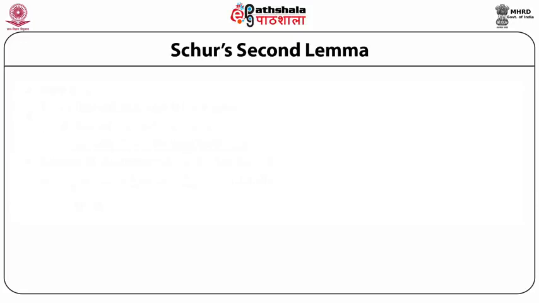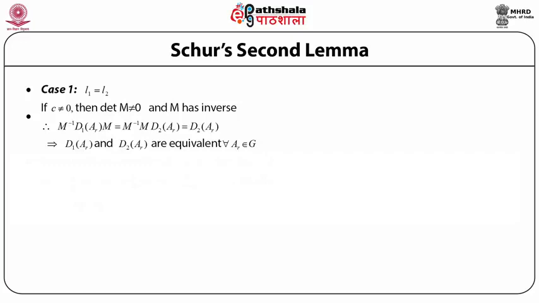Now let us consider a few cases separately. Let the dimensions of the two representations be equal, n1 is equal to n2. That means if C is not equal to 0, then determinant M is not equal to 0 and M has an inverse, because M M dagger is equal to C I and we have assumed that n1 is equal to n2.